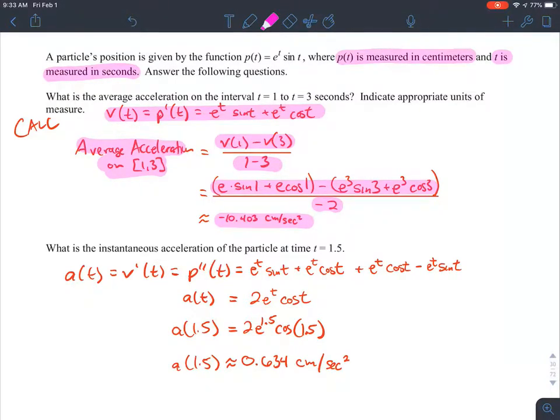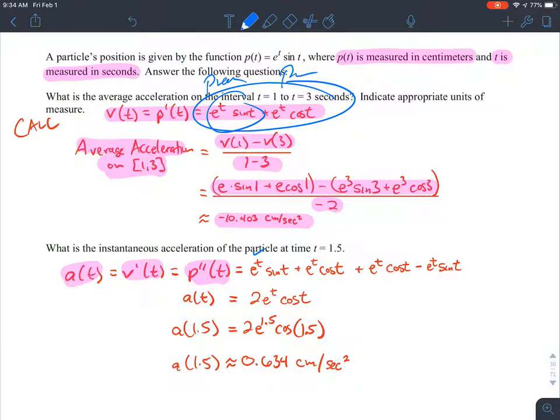Next question. What is the instantaneous acceleration of the particle at time equals 1.5? To find the acceleration, you take the derivative of velocity, which is the second derivative of position. If we take the derivative of this, we have to use the product rule again.